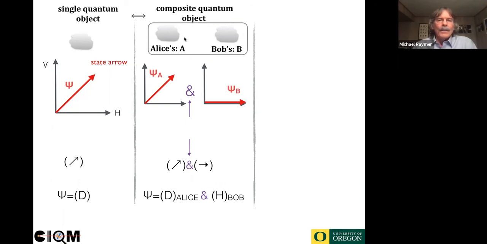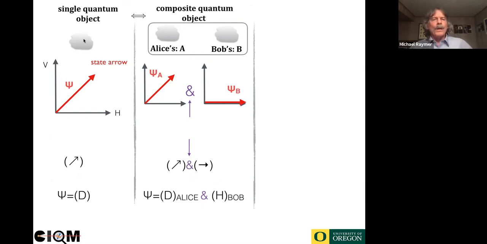Now, a composite object, we have two objects, Alice's object and Bob's object. And we represent the joint state or the composite state with an ampersand. So here, Alice's photon is D, Bob's photon is H. So we can write down here D for Alice and H for Bob, or we can write it as this little picture.